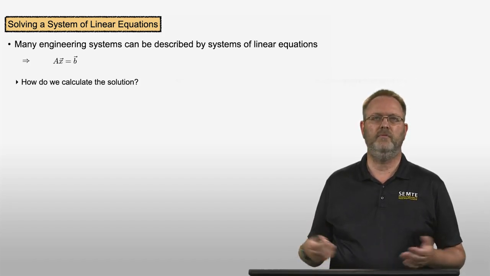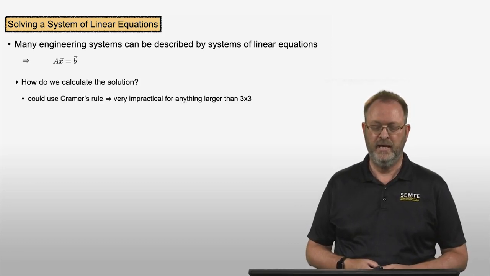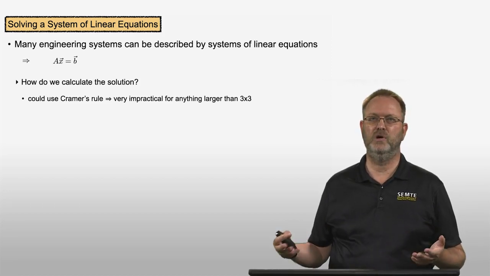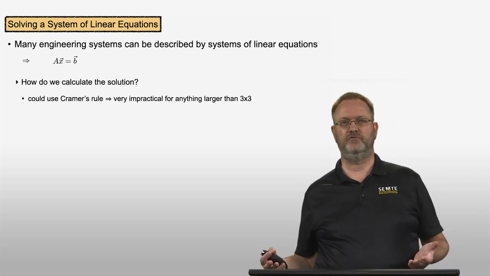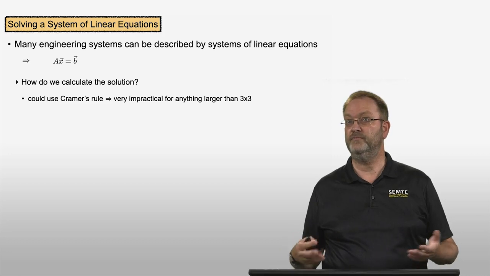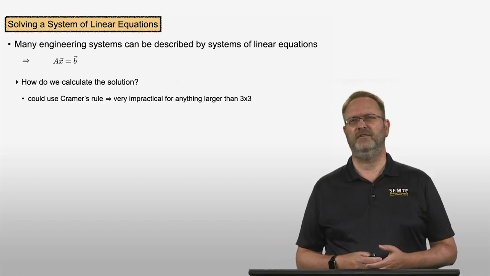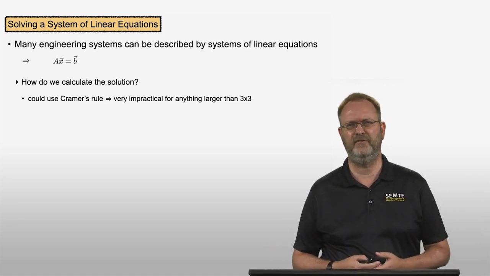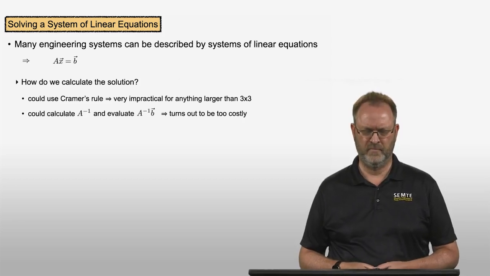So when we're doing numerical methods, how do we calculate the solution? If the system of equations is small, so at most a 3x3 system, we can use Cramer's rule, which is very practical for 2x2 systems, so two equations with two unknowns. But anything larger than a 3x3 system, for example, 5 equations with 5 unknowns, Cramer's rule becomes very impractical to do.